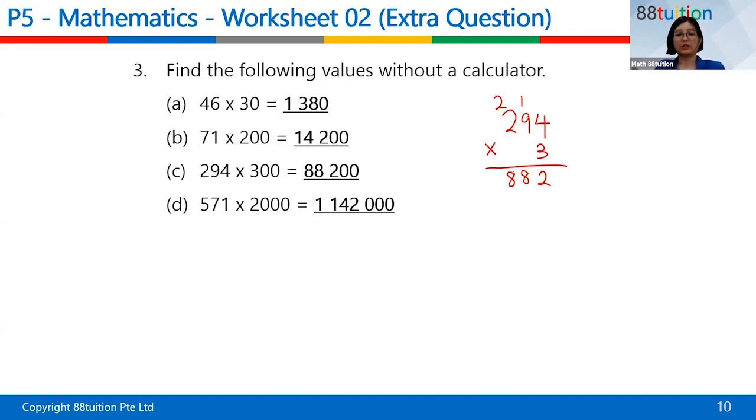So we get 882. Then here got 20, right? 882. Can you see it? That's it. It's a very simple 3-digit times 1-digit calculation.